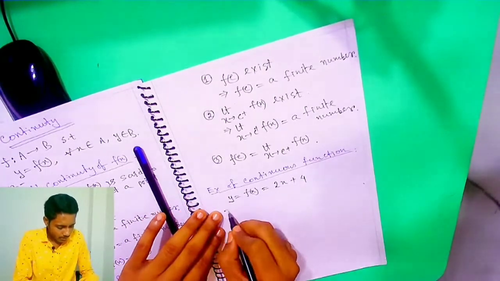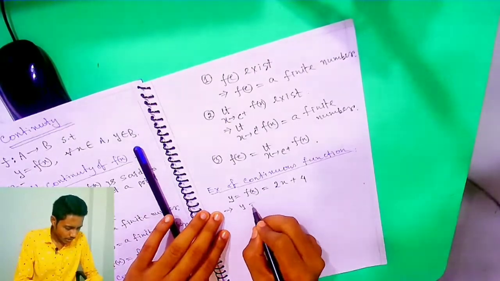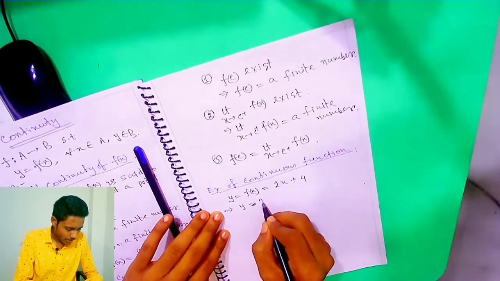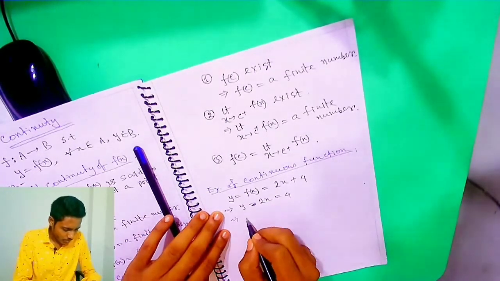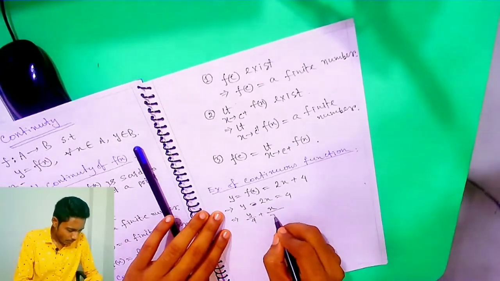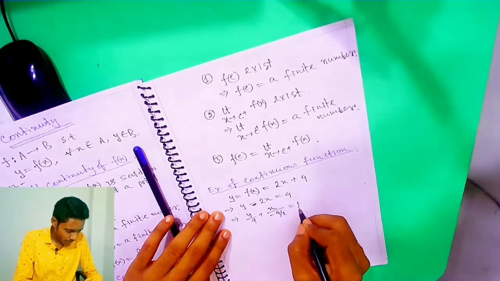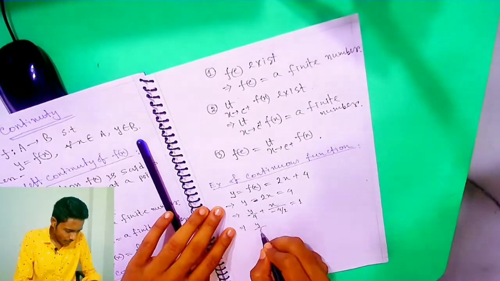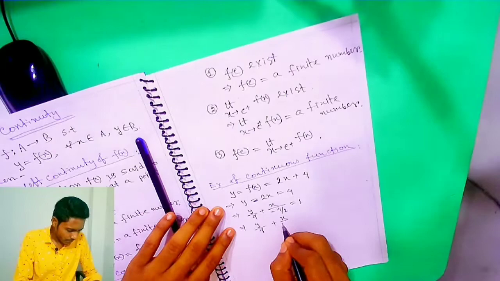This is an equation of a straight line. That means y minus 2x is equal to 4. This implies y by 4 plus x by minus 2 is equal to 1.